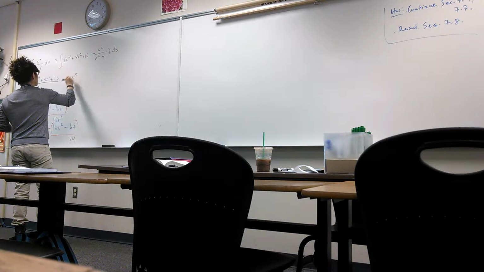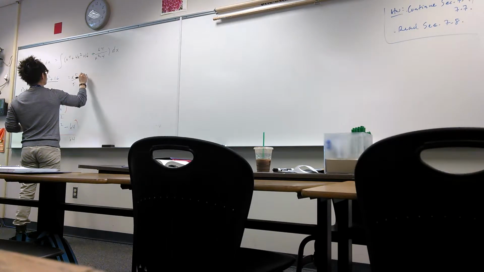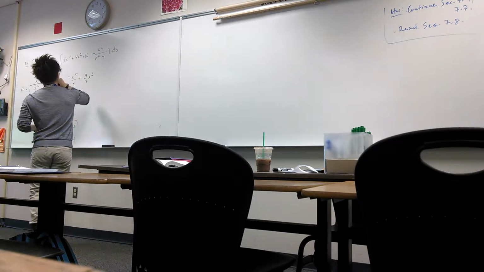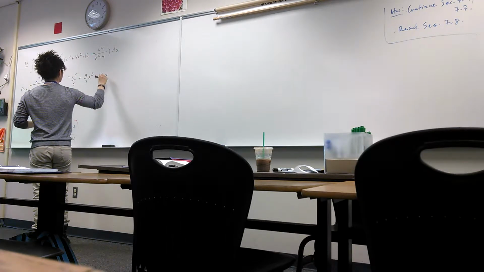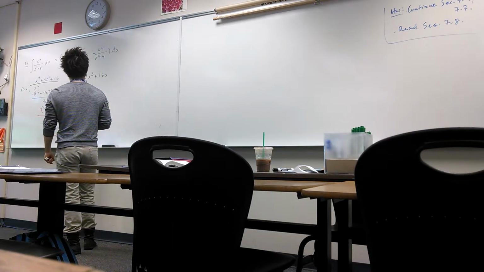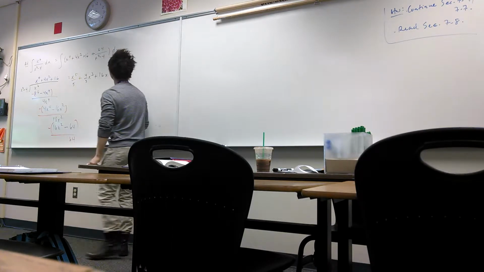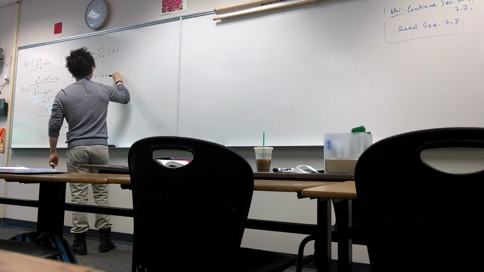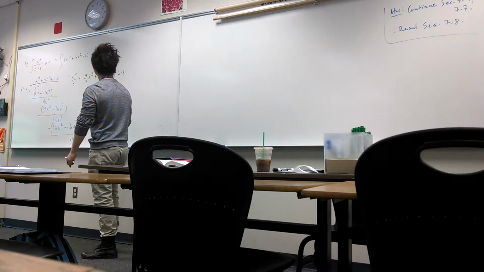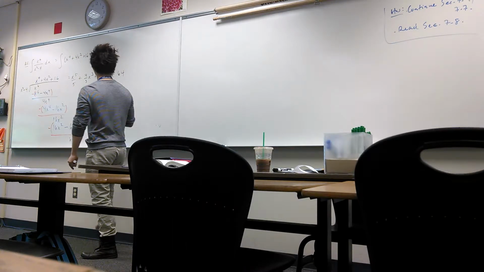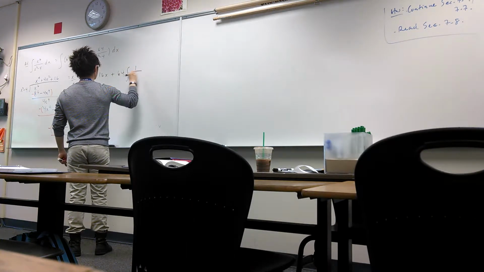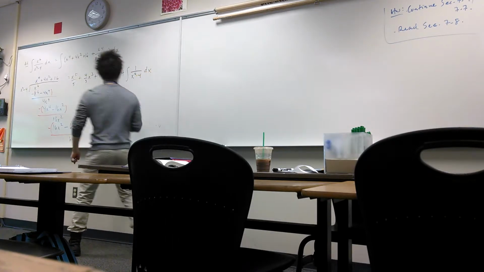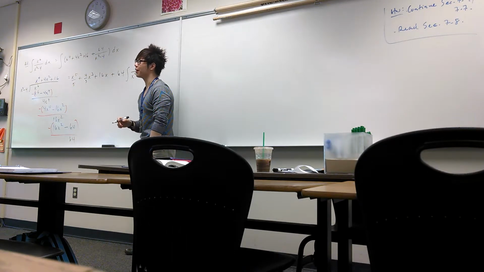So you have x to the fifth over 5 plus 4/3 x cubed plus 16x plus 64 times the integral of 1 over x squared minus 4 dx, right? That we can all agree with.